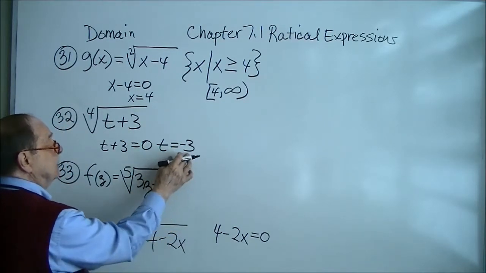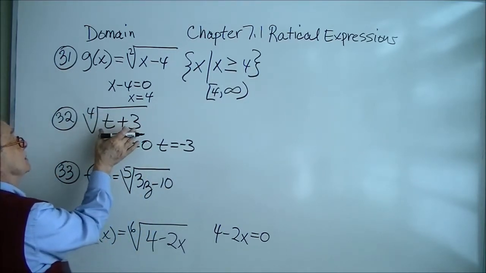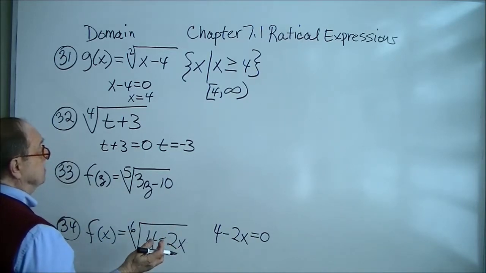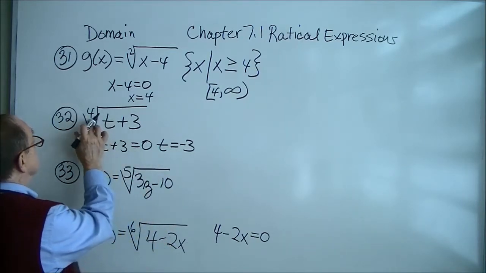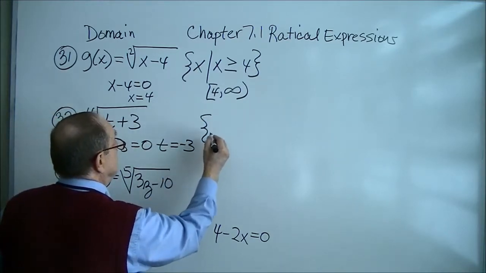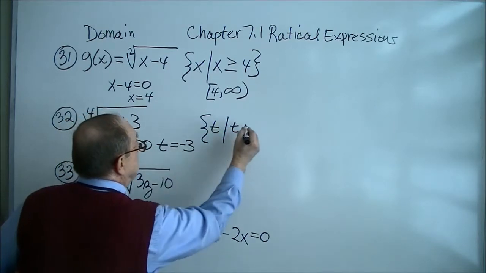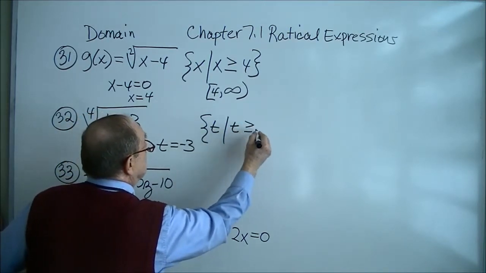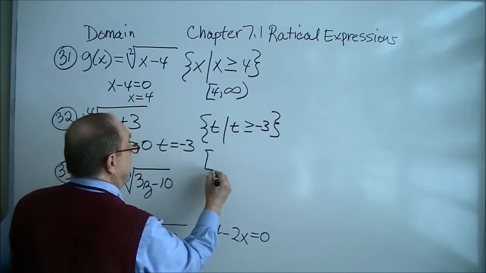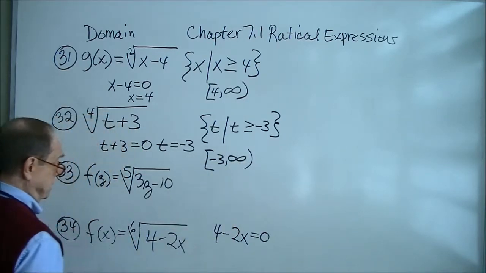But if it were a negative 4 or negative 5, that would make this radicand a negative, therefore it's not a real number. So for number 32, set builder notation would be t is such that t is greater or equal to negative 3. And again, it would be bracket, negative 3, comma, infinity.